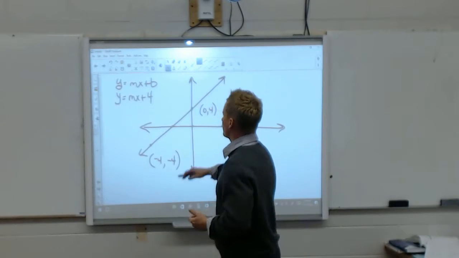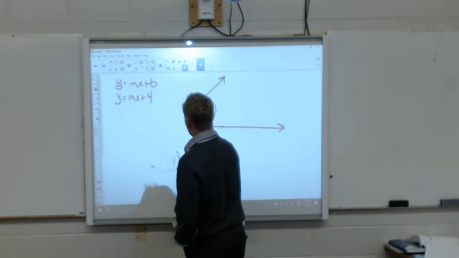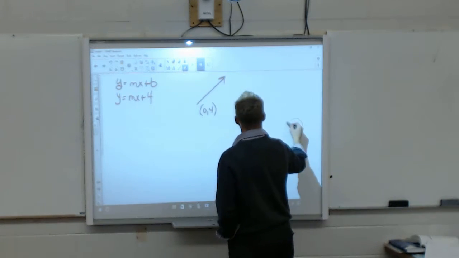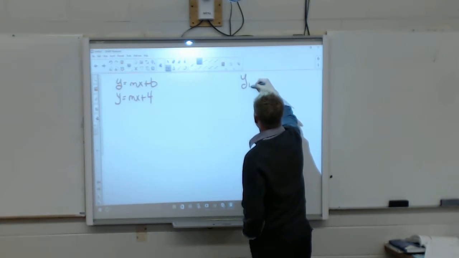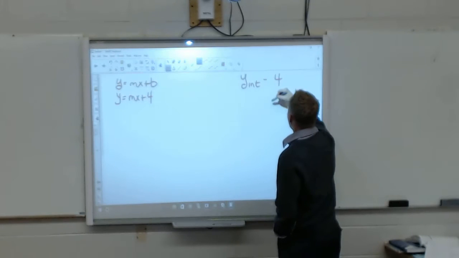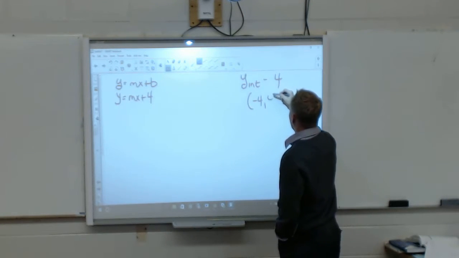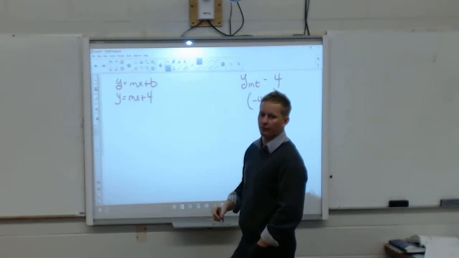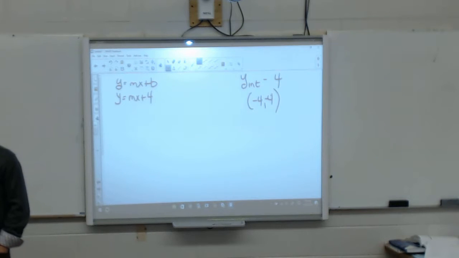But let's say I didn't give you the graph. Here's what I gave you. Your y-intercept is 4, and it passes through the coordinate -4, -4. Okay?